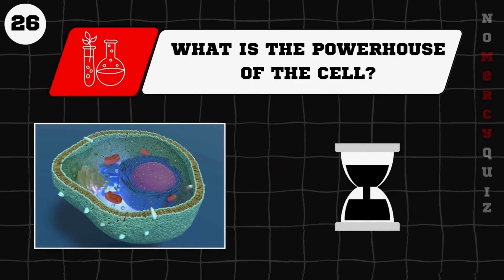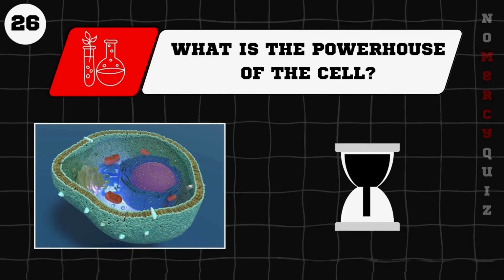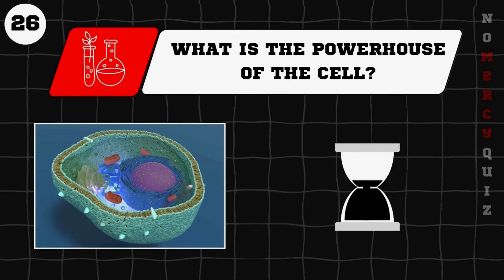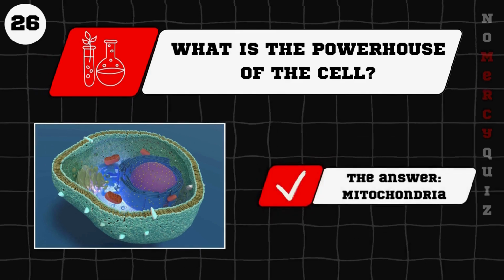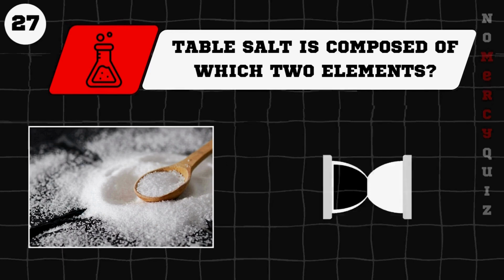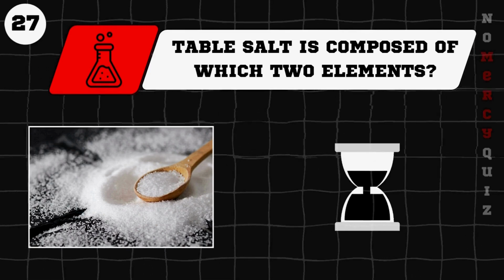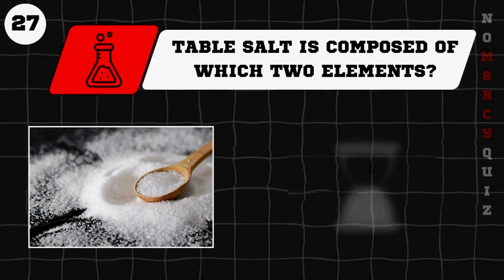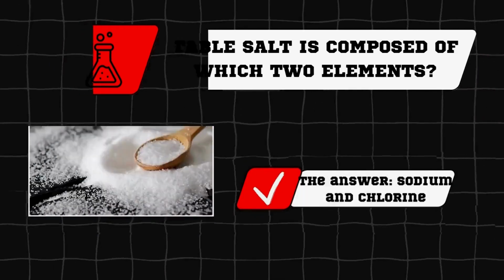What is the powerhouse of the cell? Mitochondria. Table salt is composed of which two elements? Sodium and chlorine.